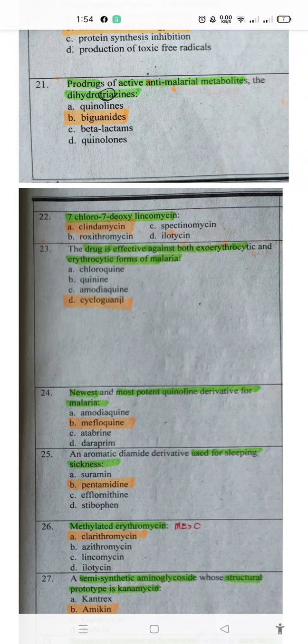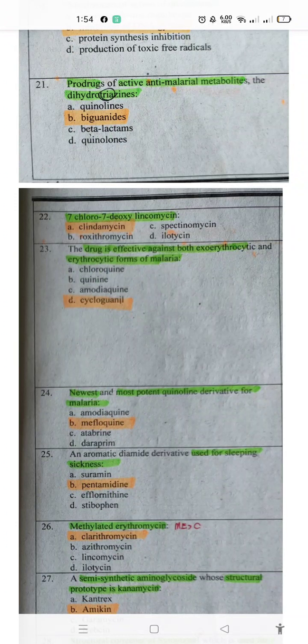So, if the question is the DOC for exoerythrocytic and erythrocytic, that is your cycloguanil. If the question is DOC for erythrocytic forms, except in resistant strains, that is your chloroquine.